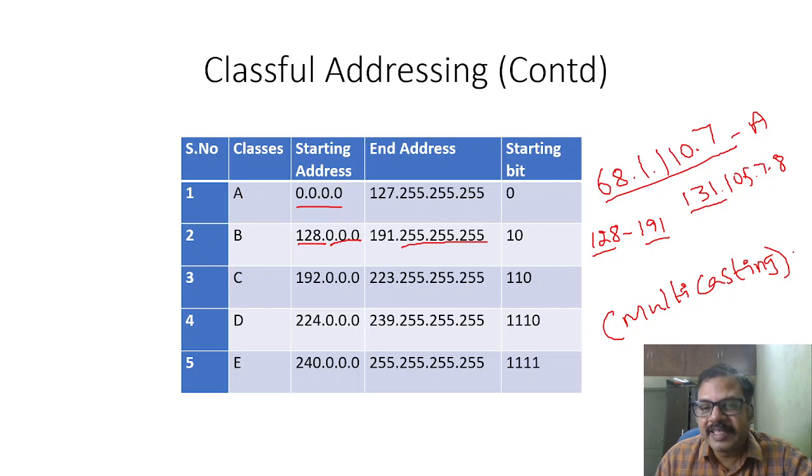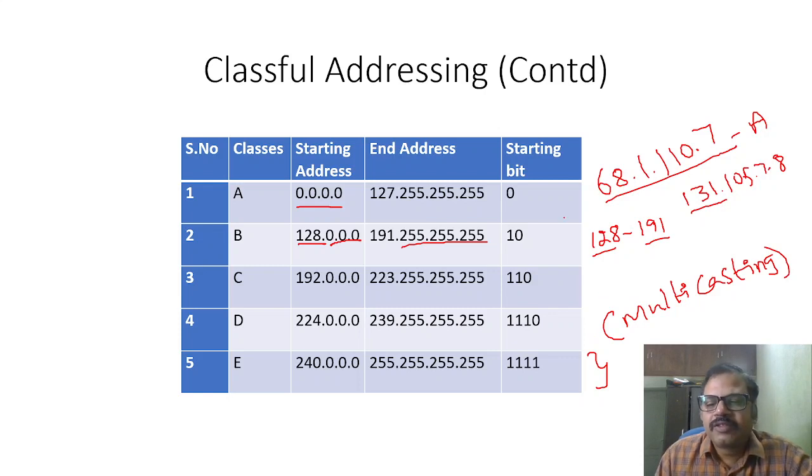When you want to multicast a packet, that is, send particular information or a packet to some set of systems, we use multicast addressing. Multicast communication will be using these addresses. Class E was reserved for future purposes, but it was never used. So we have wasted the class E addresses, and D we are using for multicasting.